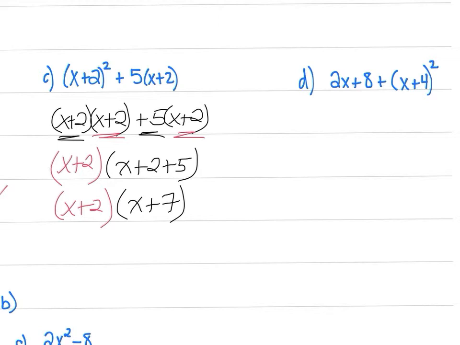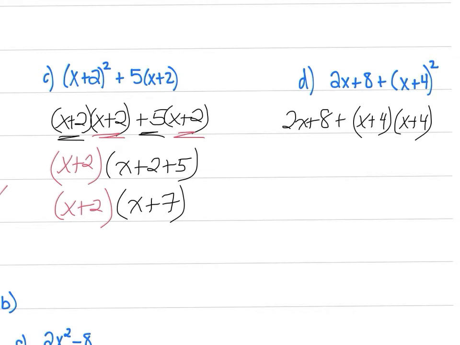This one, similar strategy, right? I know that x plus 4, the quantity squared, is the same thing as x plus 4 times x plus 4. But if you look at this 2x plus 8, you don't have a common factor there yet. So always remember the word yet, which means look to see what you can do more.